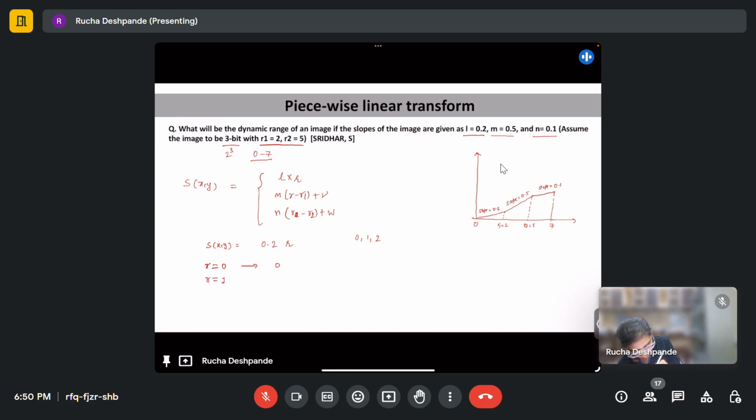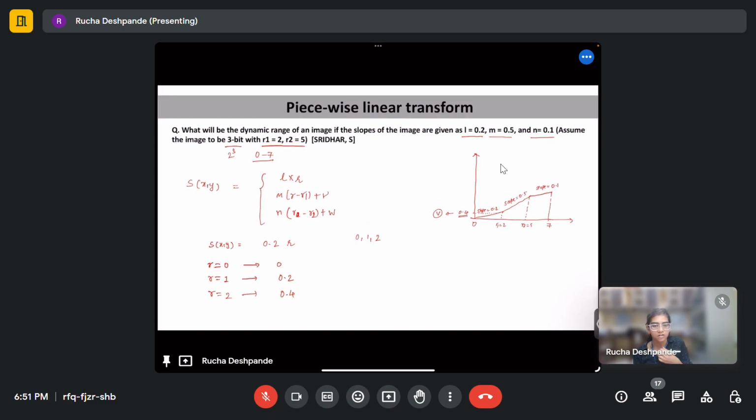For r is equal to 1, it will be 0.2, and 0.4. So this value would be 0.4. So this is your v. Are you getting it? I mean, are you getting the same answers?